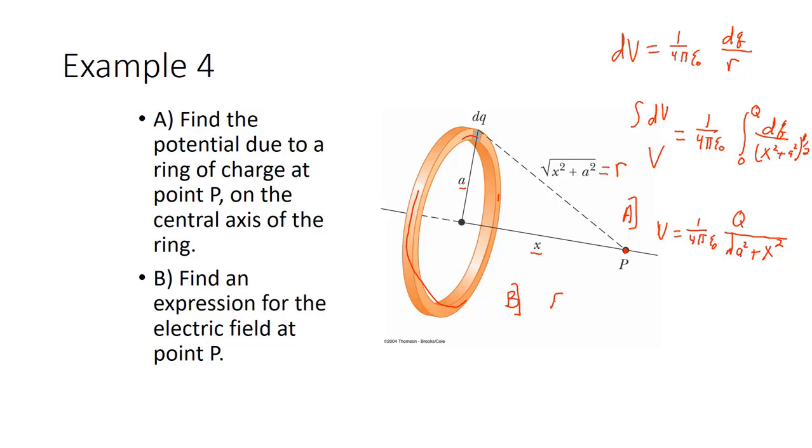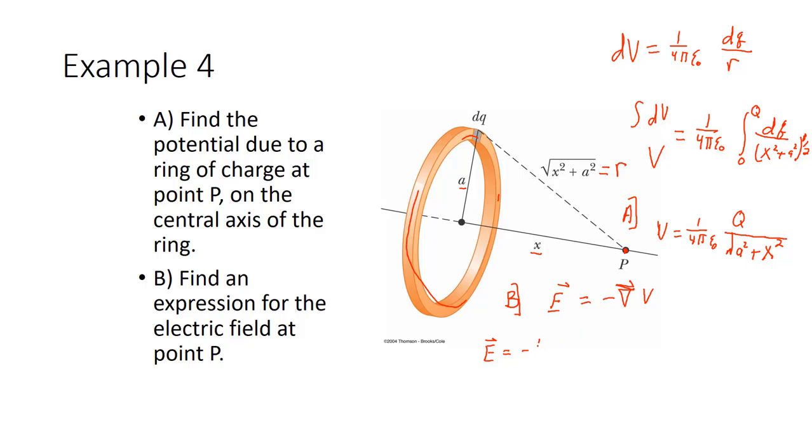So our E is going to be negative del V, and we're going to use Cartesian coordinates for this because we have an x coordinate here.